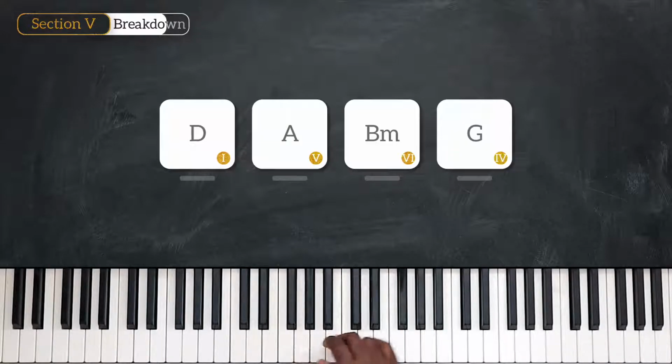So we have this: D major, A major, B minor, and G major. And that is why the number system is so useful. It frees us from using chord names while still conveying the same information.